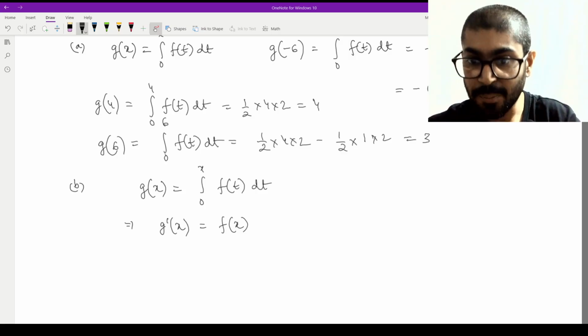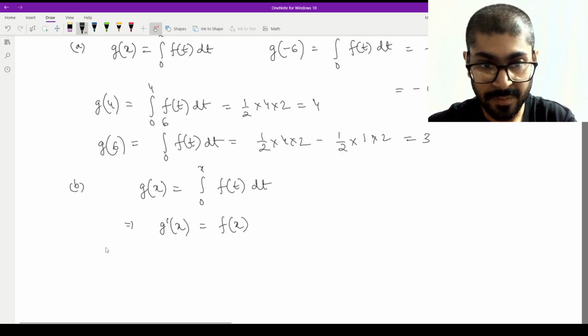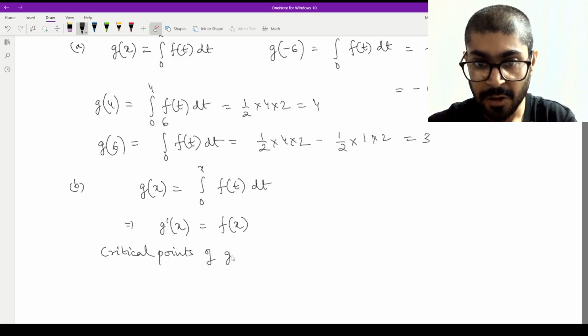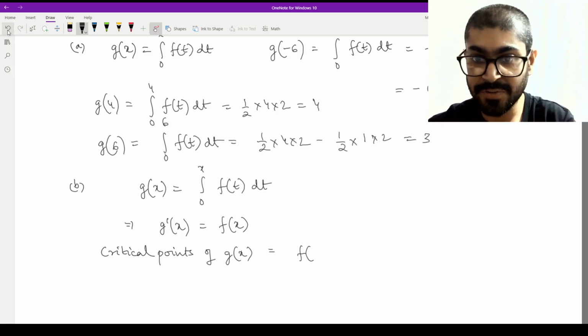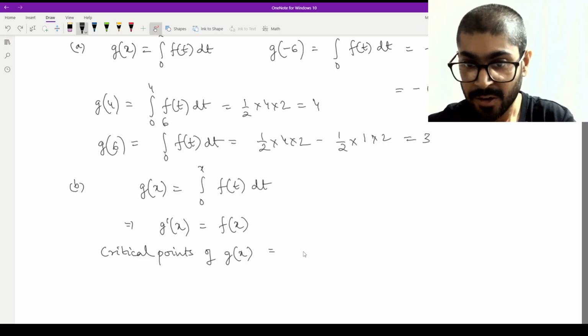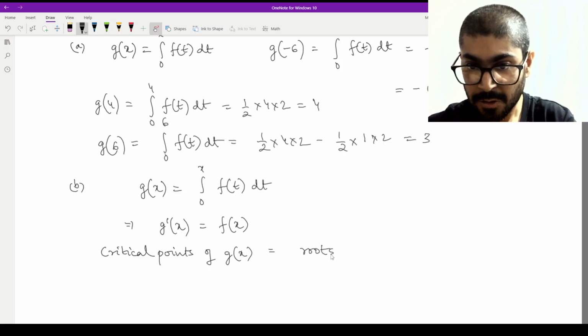Now critical points of g of x will just be the points where f(x) intersects with the x-axis. So critical points of g of x are the roots of f(x).